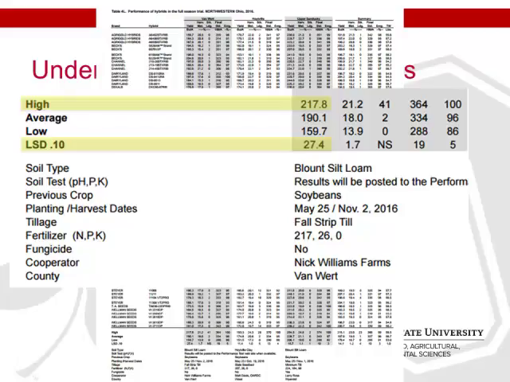So if you pick anything that is 217.8 minus 27.4, and you circle everything that's higher than that, when you go to make your variety selection, all of those are statistically the same. From this experiment, we cannot say that the differences are caused by anything other than the variation in the field. So if you were to go through this list and circle, I think about half of them in this experiment come out to be statistically the same.